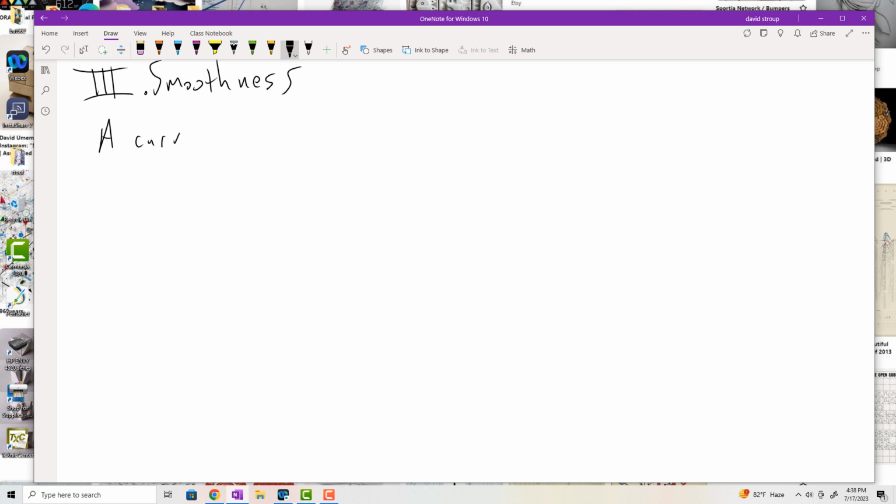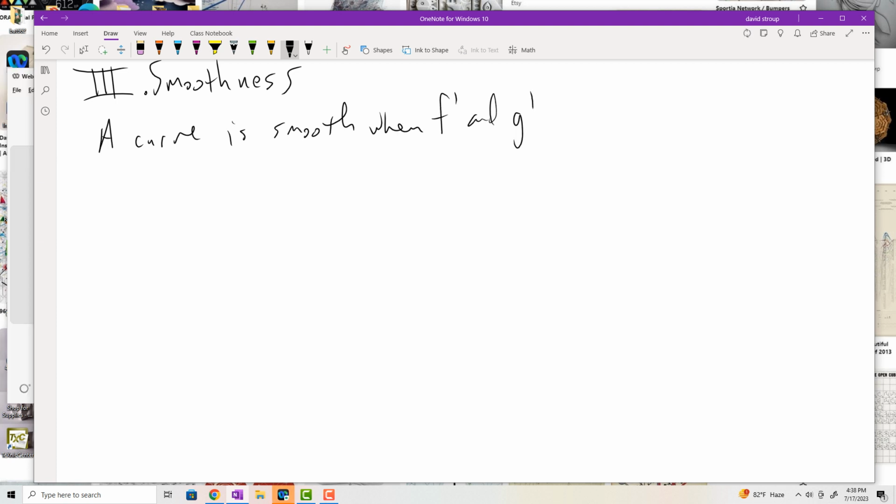Anyways, a curve is smooth when f prime and g prime are both continuous and not simultaneously equal to 0.